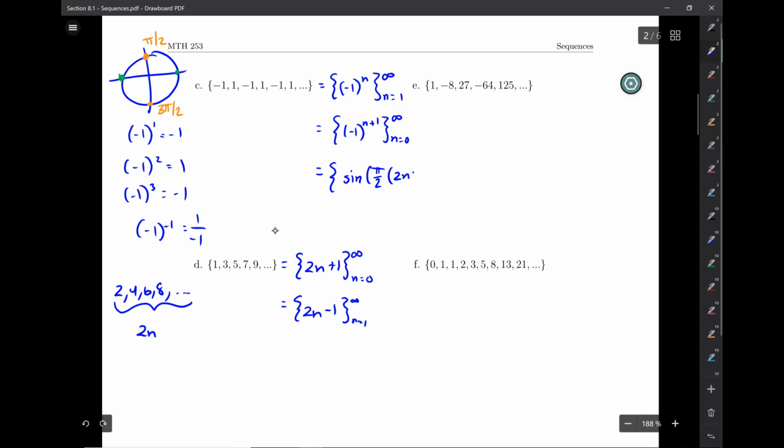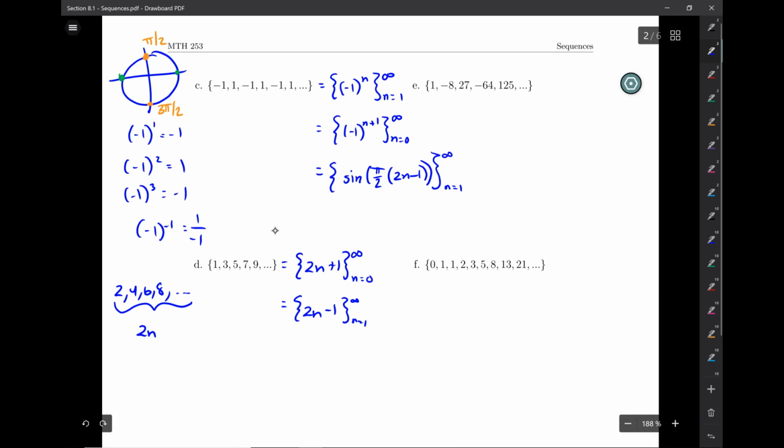So we can make this 2n plus 1, and that will create odd multiples of pi over 2. I might go ahead and make this a minus 1 like we did in this example so that I can have it beginning at 1 instead. So there's another way you could write this alternating sequence. It's slightly more complicated, but I just wanted to show that you could use trig functions as well to make an alternating sequence.